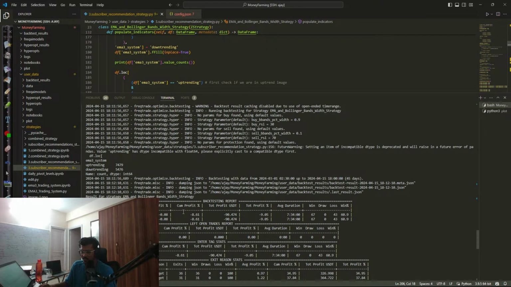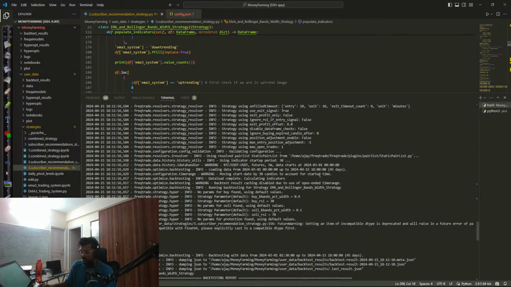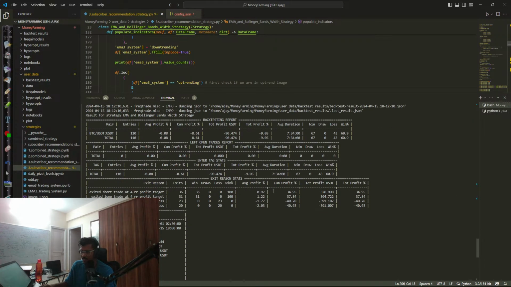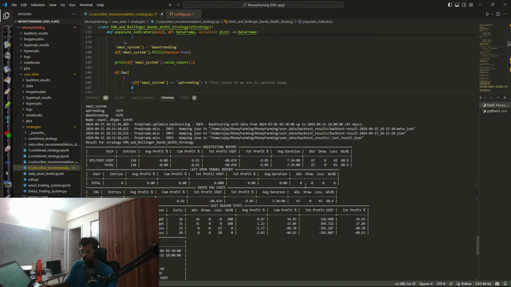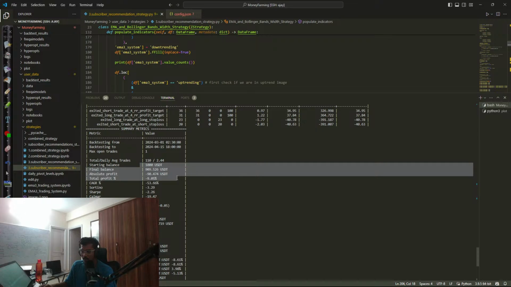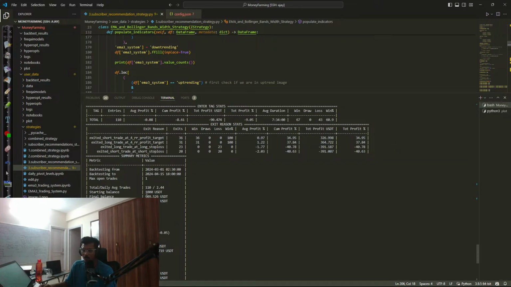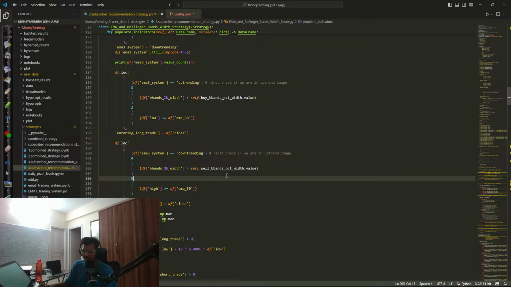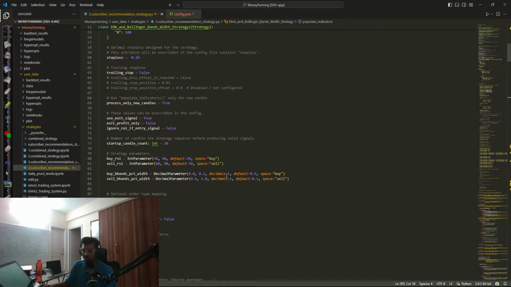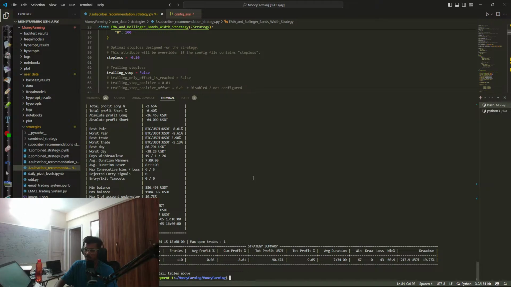So on 5 minutes, it didn't really perform well with the 4RR. What I'm speculating here is, hang on, let me change it to its original. 0.0, and for sell it's 1.